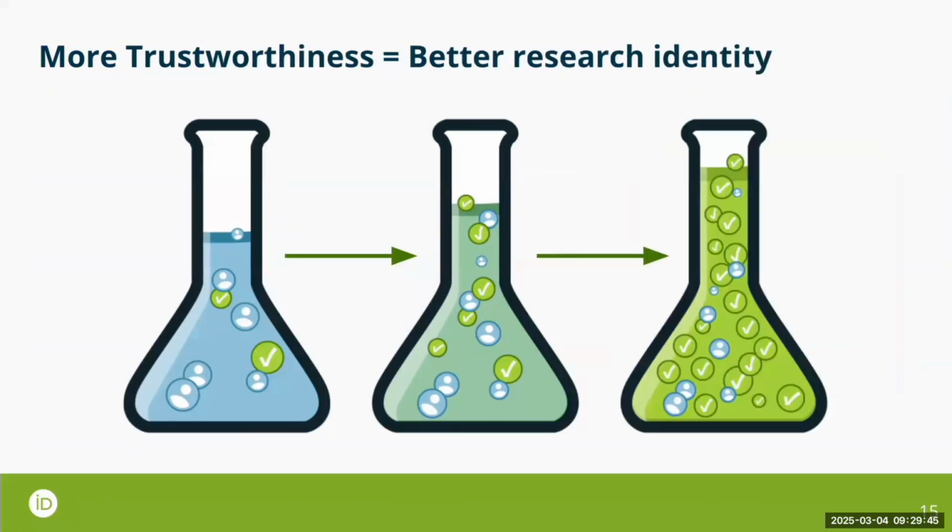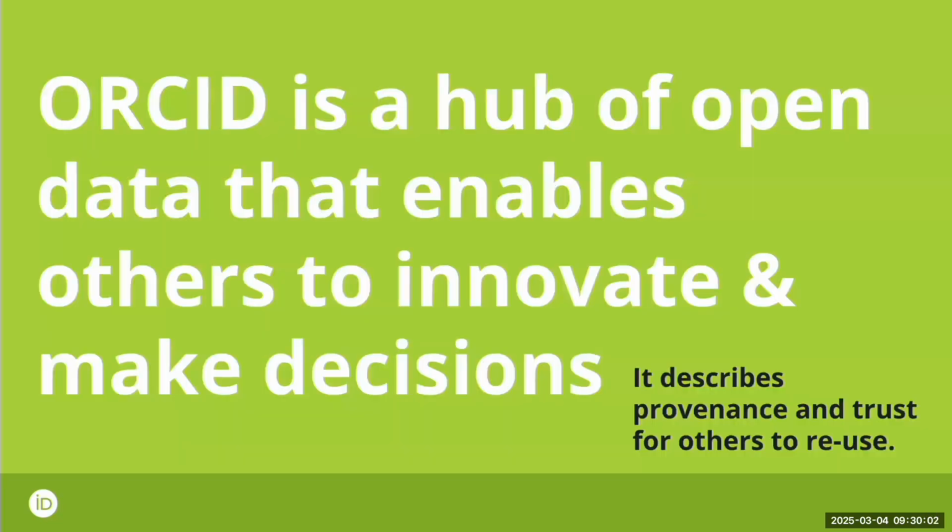And more trustworthiness, of course, means better research identity, because that provides a better way to, as illustrated before, identify and validate a researcher's contributions. And last but not least, ORCID is a hub of open data that enables others to innovate and make decisions, because it describes the provenance and trust markers.